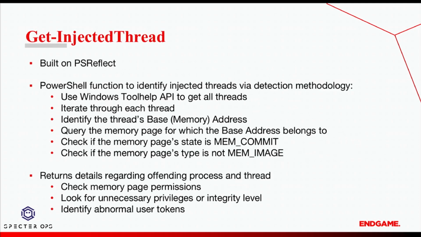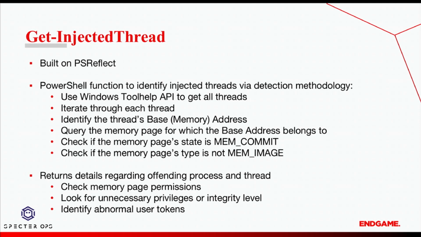All right. So the script that we wrote is called Get-InjectedThread, like I said, built on PSReflect. The methodology that we use is we use the Windows Tool Help API to get every thread on the system. Then we iterate through those threads and basically ask the thread, hey, what's your base address? What's the starting point in memory where the code for this thread lives? Then we query the memory page for that base address and check a couple things.